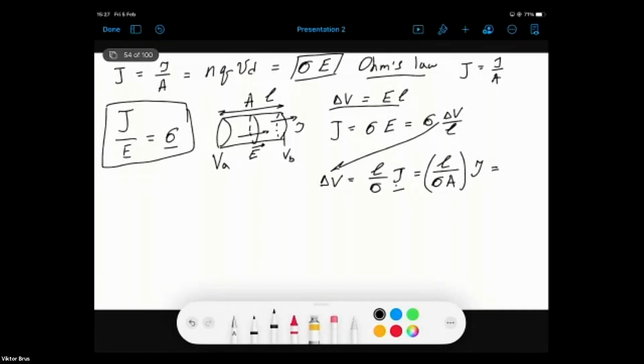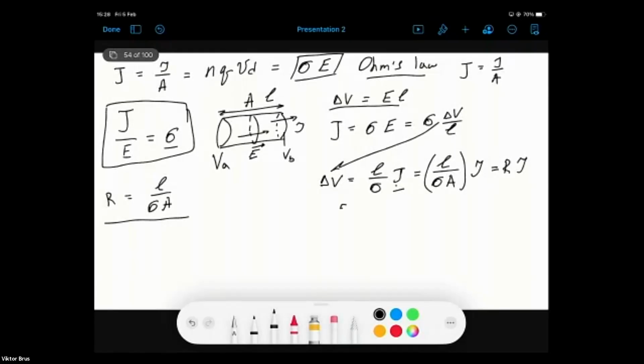And this can be written as R times electric current I. So this R is electrical resistance, and it's equal to L divided by sigma times A. So we can write now Ohm's law in the integral form.